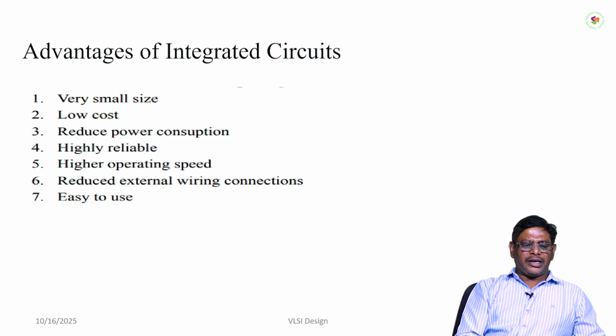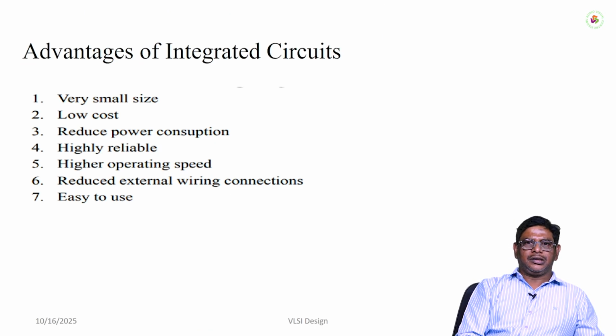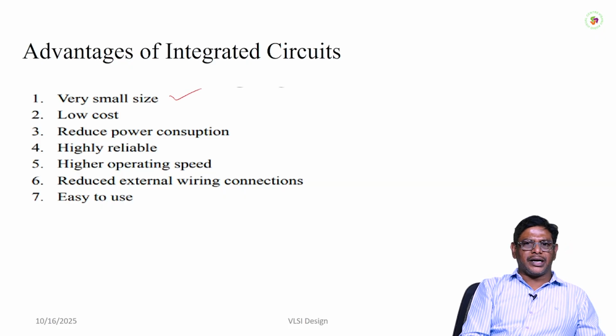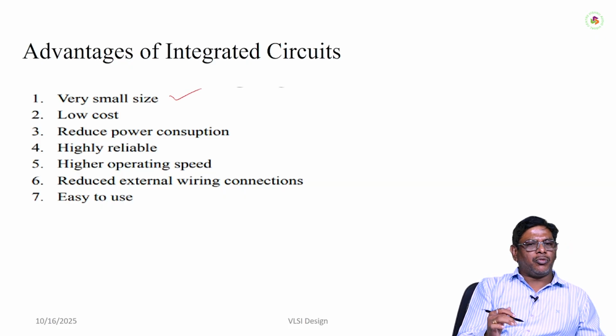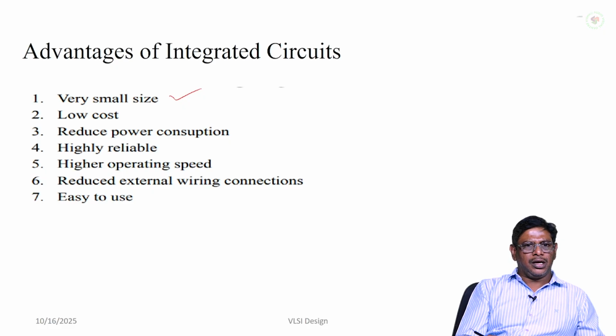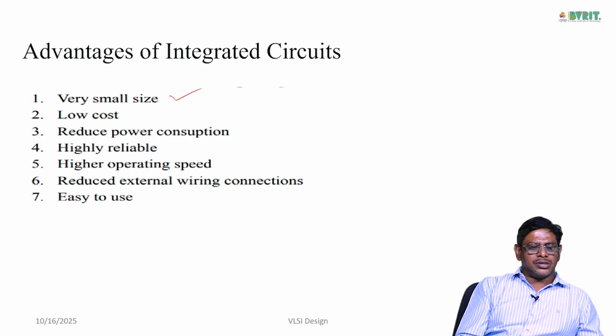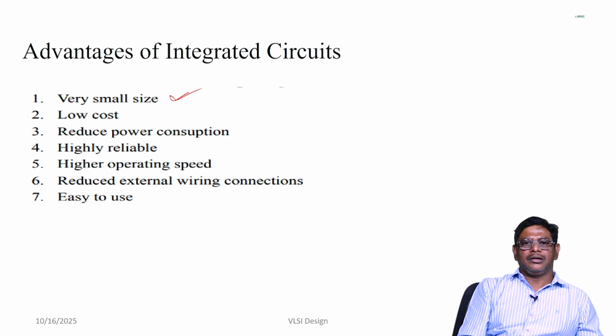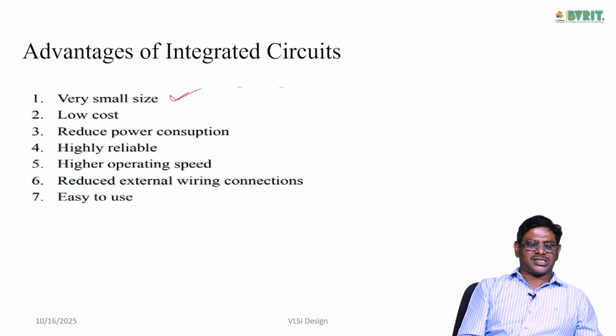Coming to the integrated circuit advantages, the basic thing is that it is very small in size. As we know, the technology is upgrading day by day, and we have moved on from 360 nanometers to 7 nanometers right now. So a number of components can be incorporated in a design. Therefore, we can have multiple functionalities.